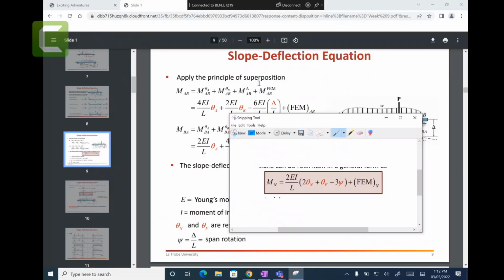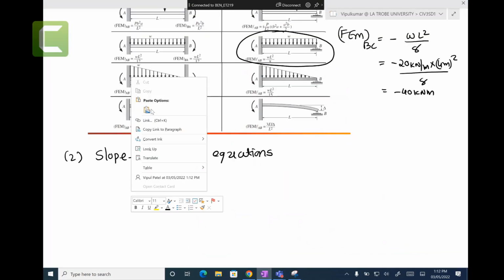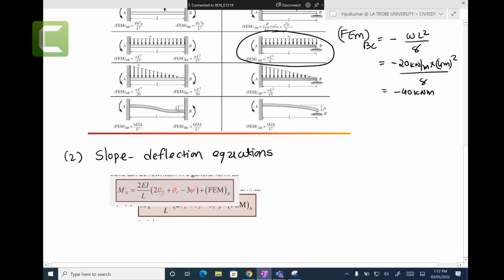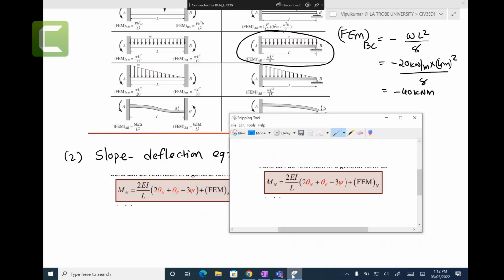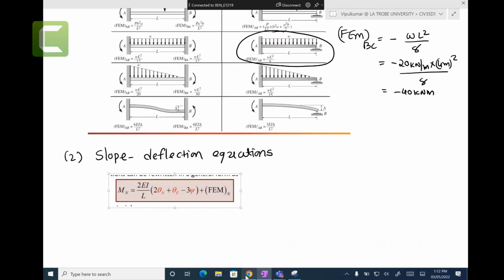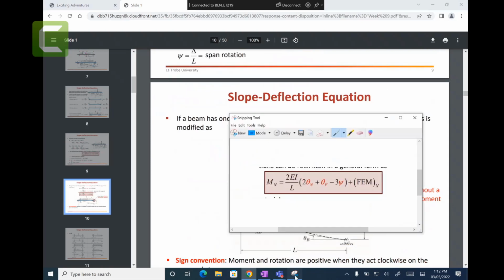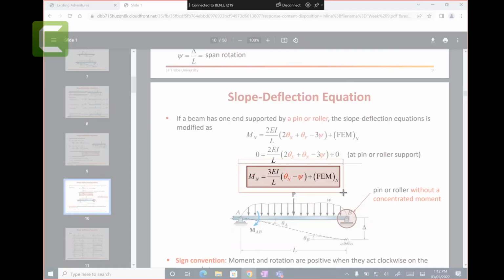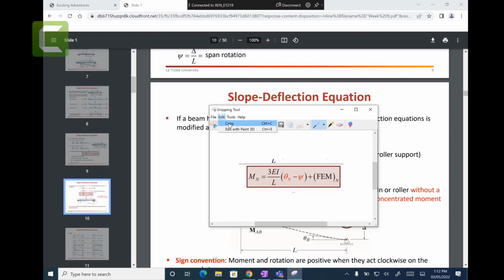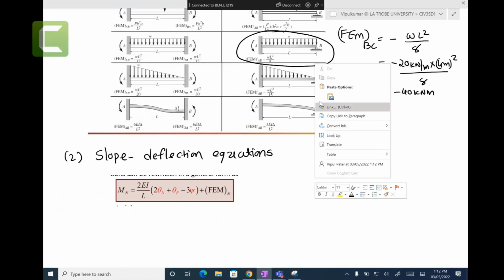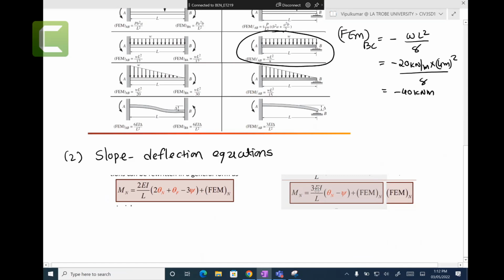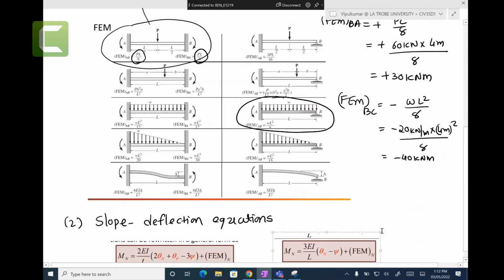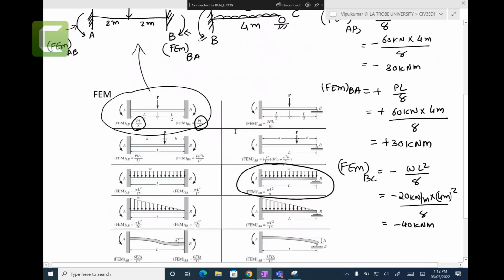One is here, and the second one here. There are only two equations that you need to deal with. All right, I will redraw this figure again for you.